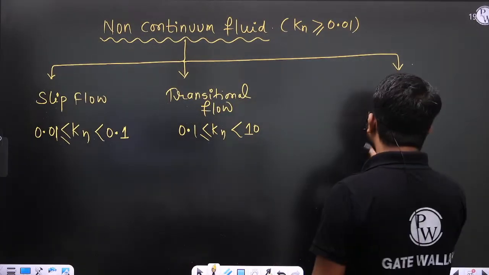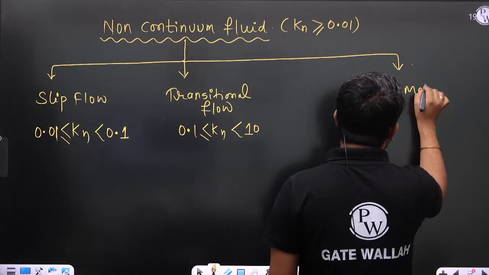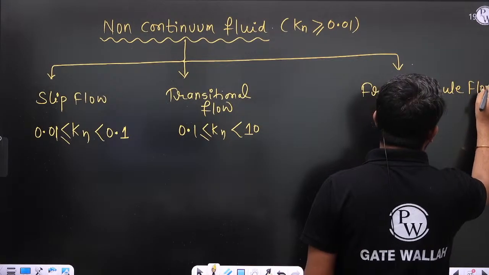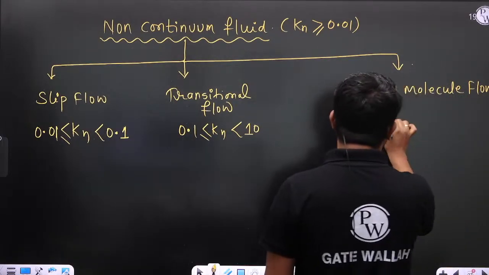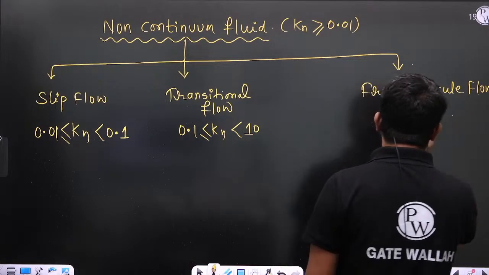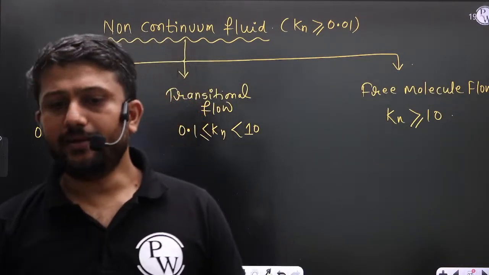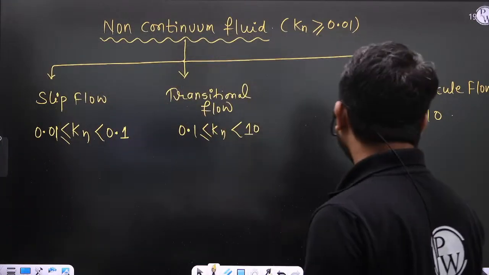And the third one is the free molecule flow. In the case of the free molecule flow, the Knudsen number value is greater than or equal to 10.